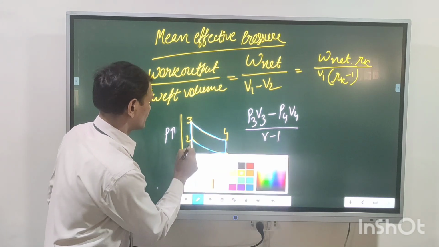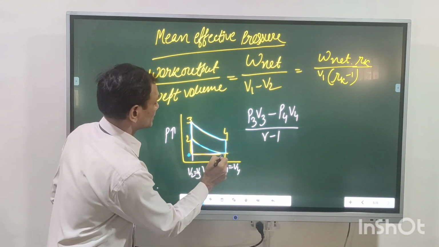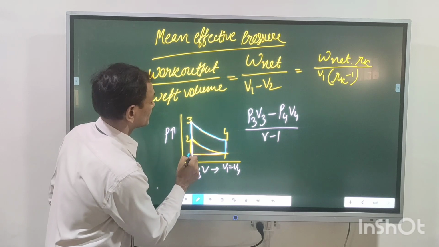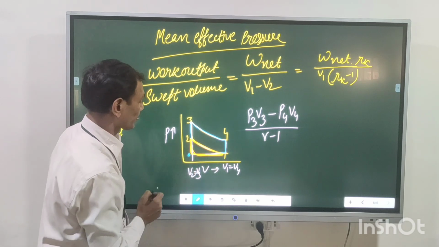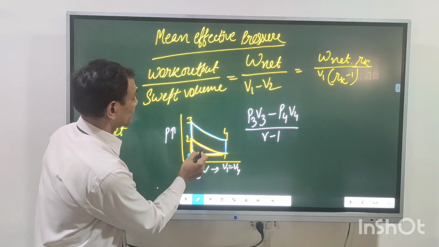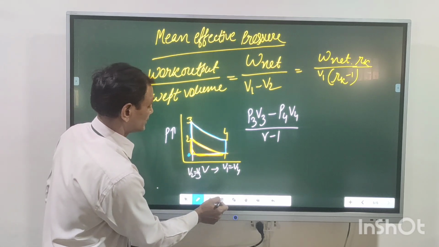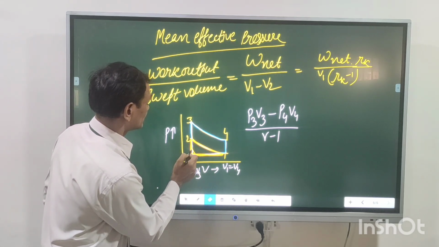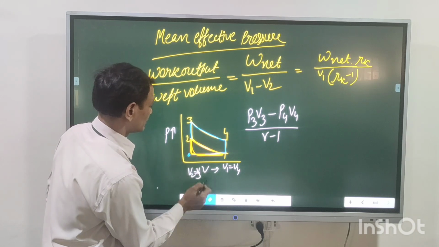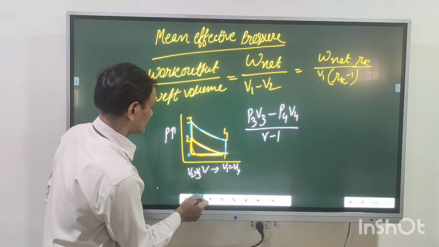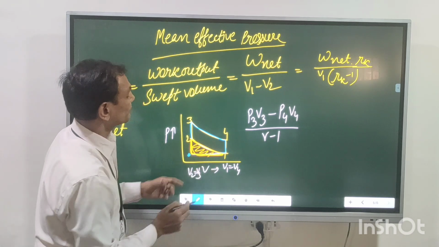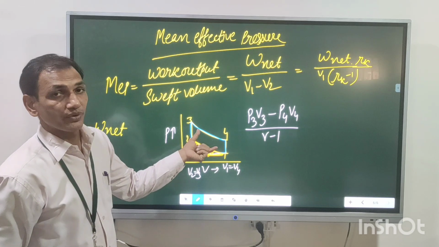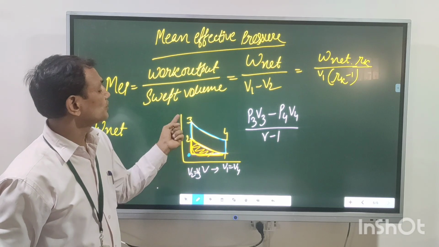If we subtract this area, then we get the net work output of 1, 2, 3, 4.